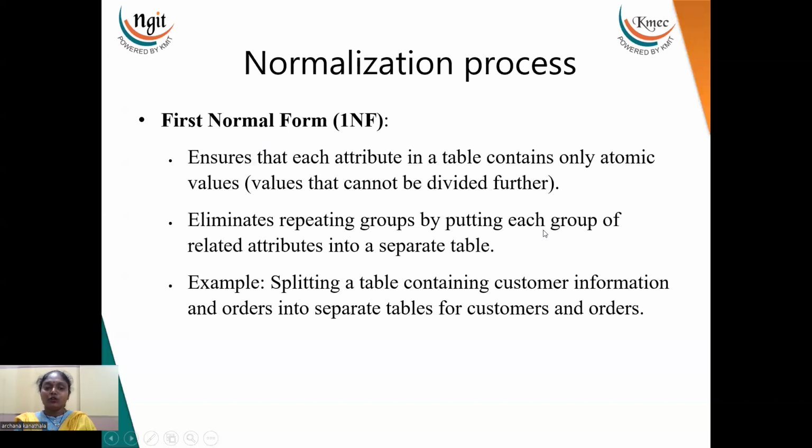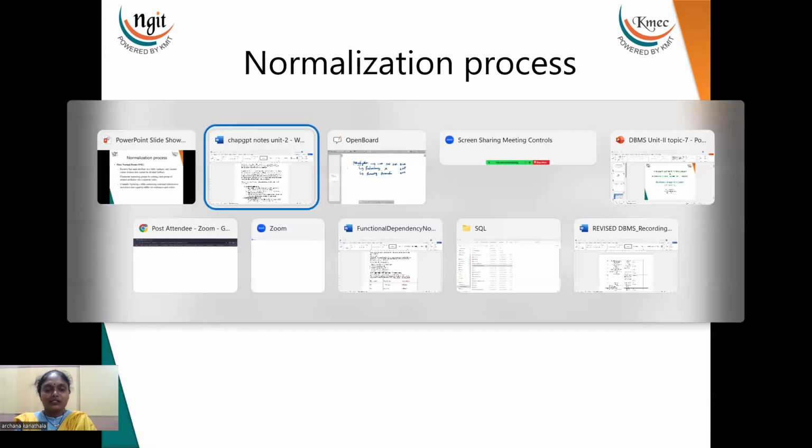It not only allows atomic values, it also eliminates repeating groups by putting each group of related attributes into a separate table. So let us not create groups of repeated sets of attributes from one entity to the other entity.